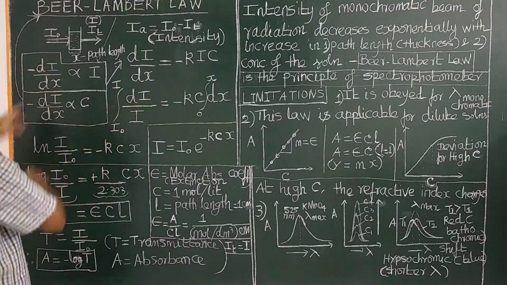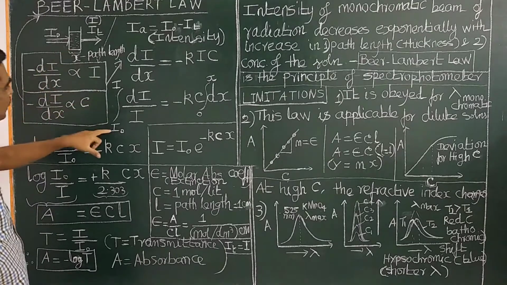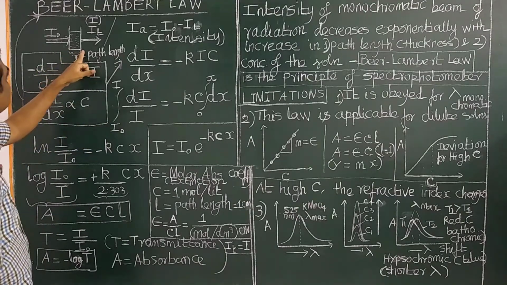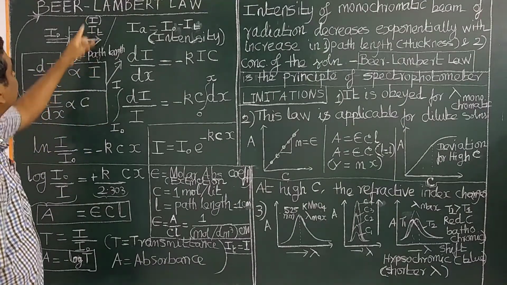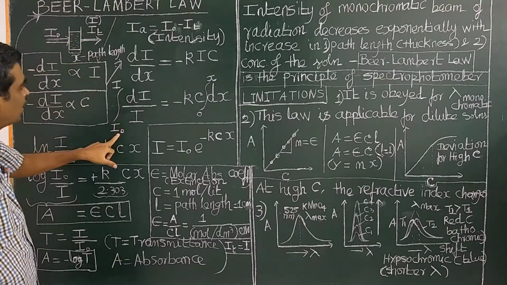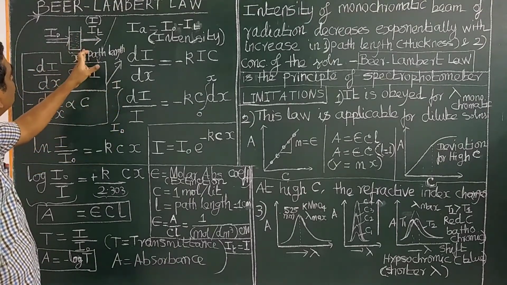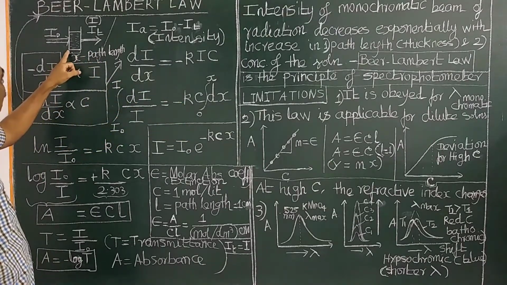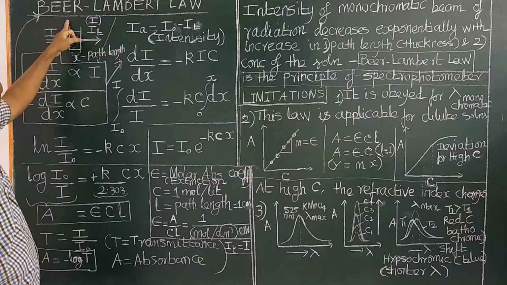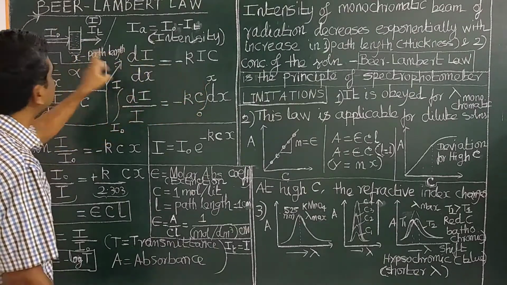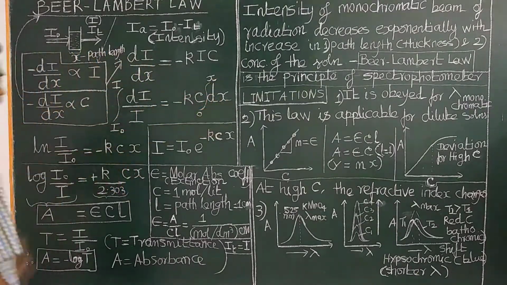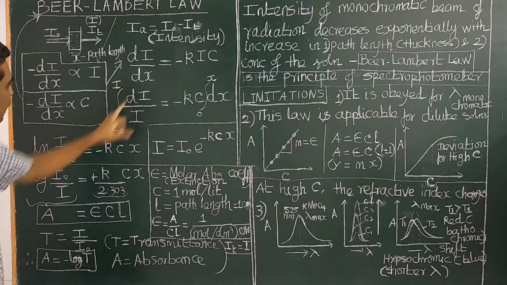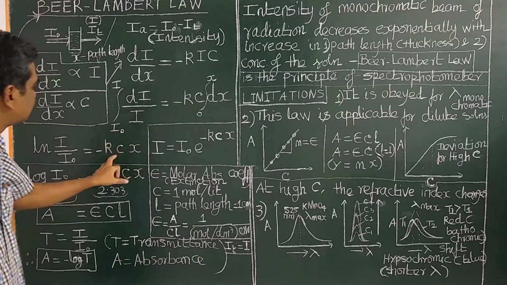On integrating, here this is I0, the initial intensity, and this is I, the intensity after passing through the solution. Similarly, the thickness is 0 where the intensity is I0, and after passing through thickness x it is I. Therefore, on integrating, ln I by I0 equals minus kc x.